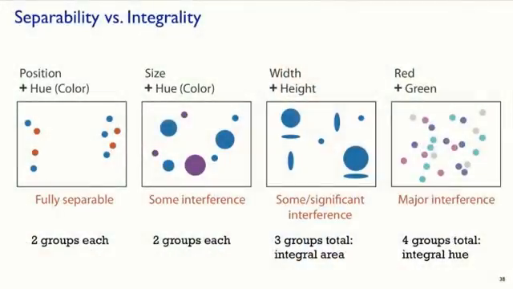When you're mapping multiple channels to multiple data attributes, you have so many design choices. Let me bring up the relevant slide for that. This question of separability versus integrality is an interesting and complex one.